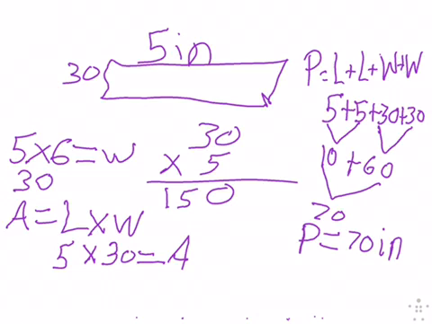So our area is 150. That would be like 150 little boxes in that rectangle. But it's not just 150. We're going to label it with inches squared because it's the area, a little tiny 2. We want to make sure that it is squared because that means we multiplied 2 digits.